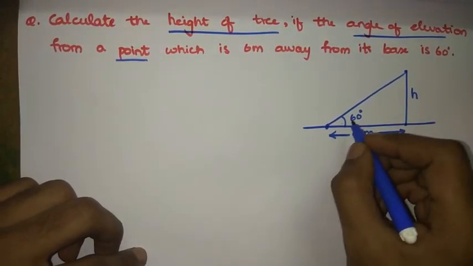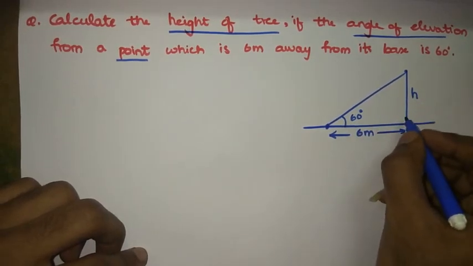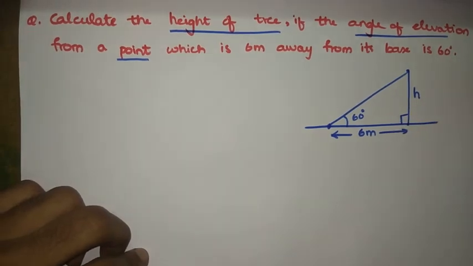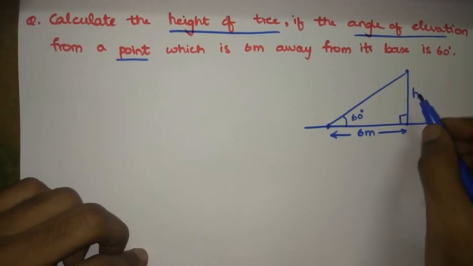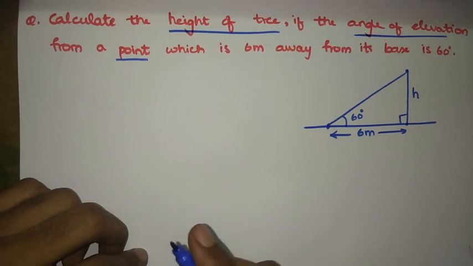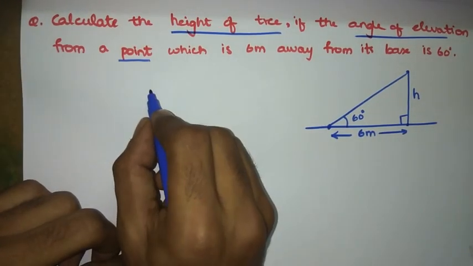See again, if we observe, this is a right angle triangle. So we can apply trigonometry here. We need to know the opposite side to 60 degrees, and we know the adjacent side. That means we need to apply tan here.